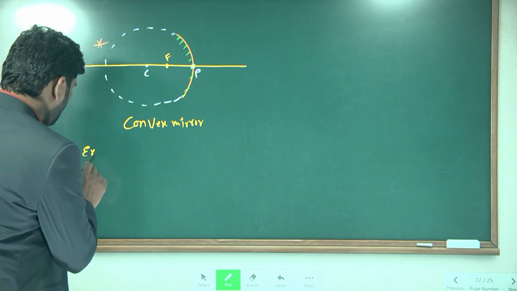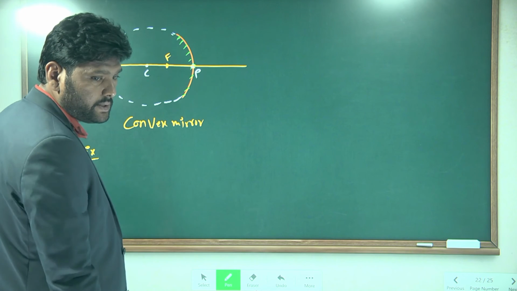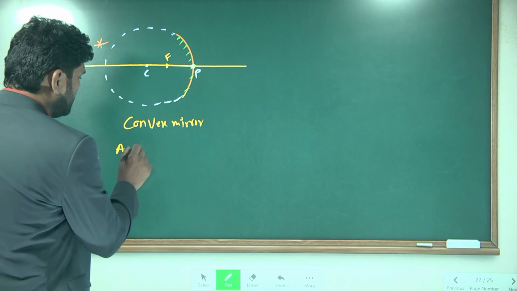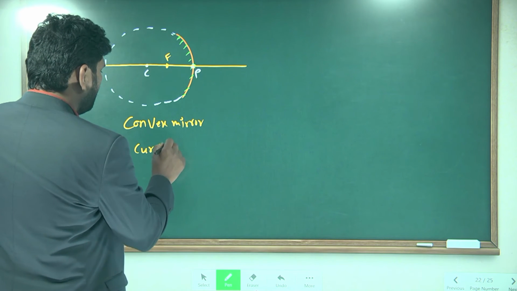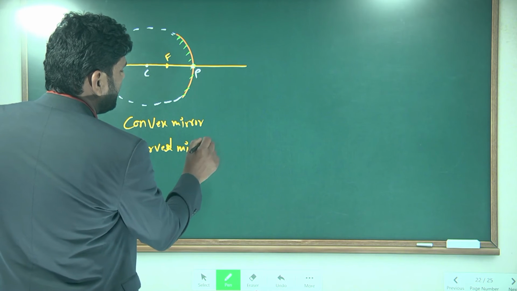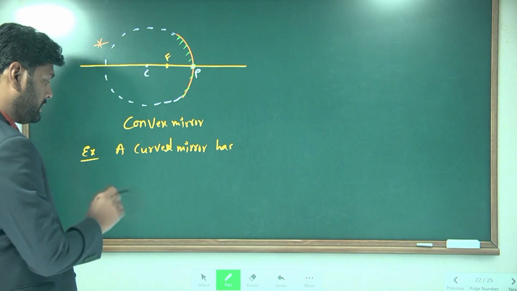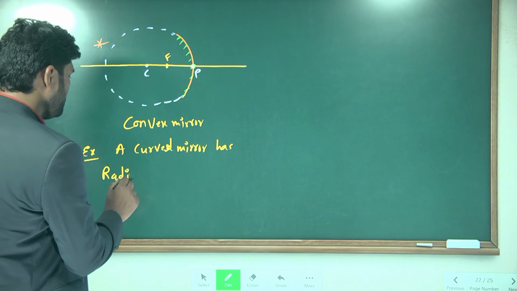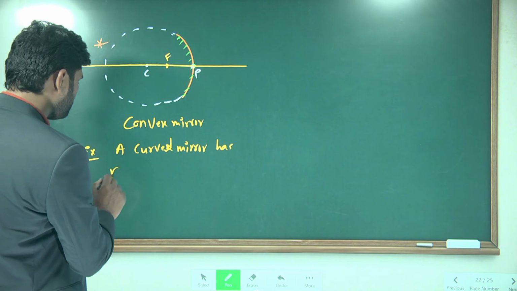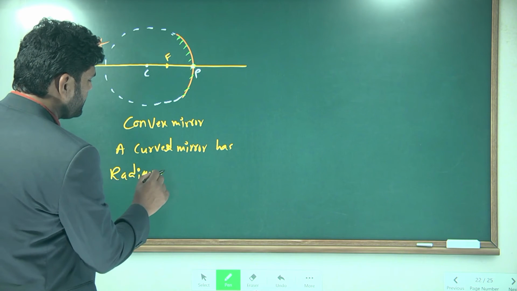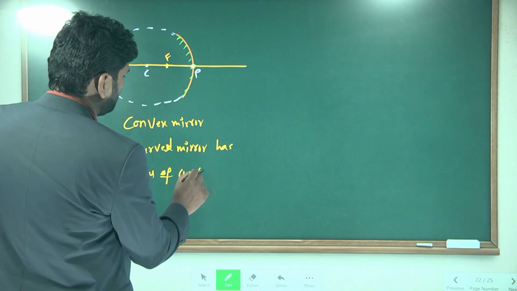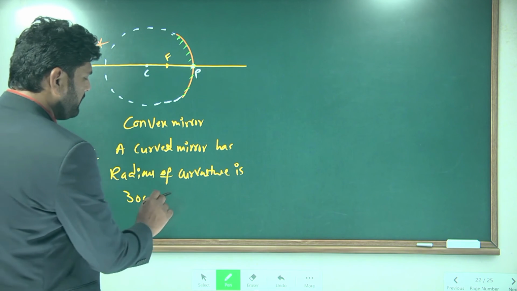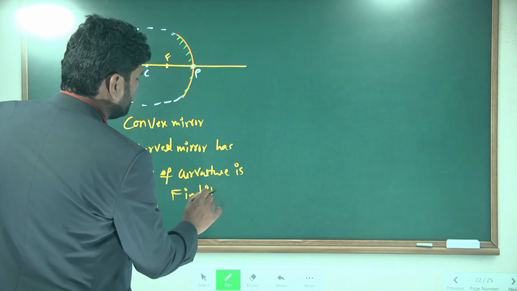This is a curved surface, a curved mirror that has a radius of curvature of 30 centimeters. Find its focal length.